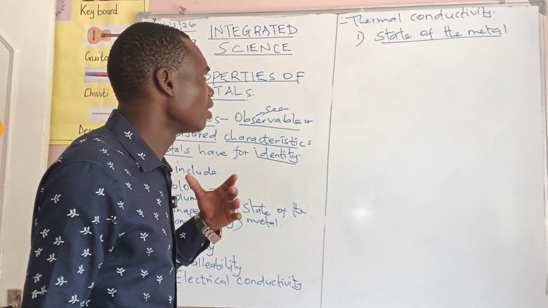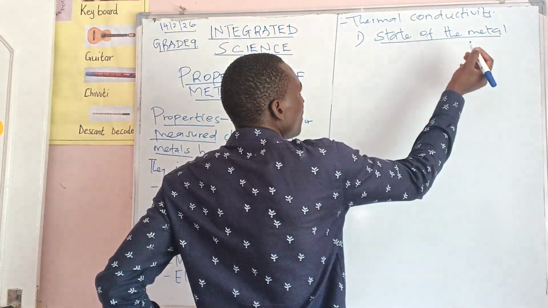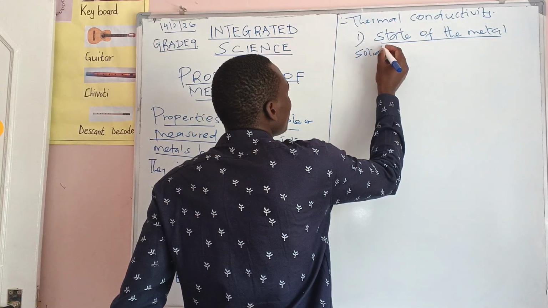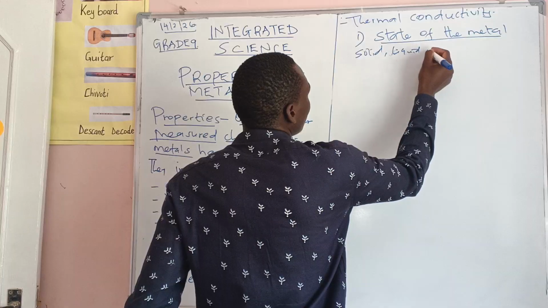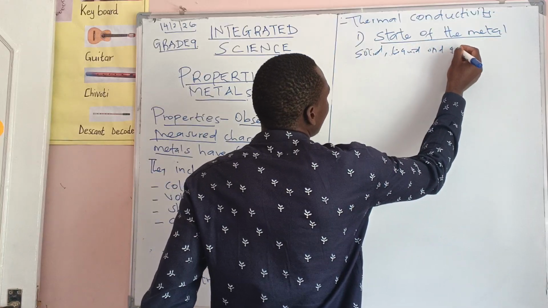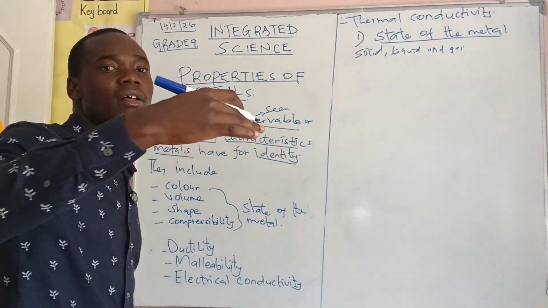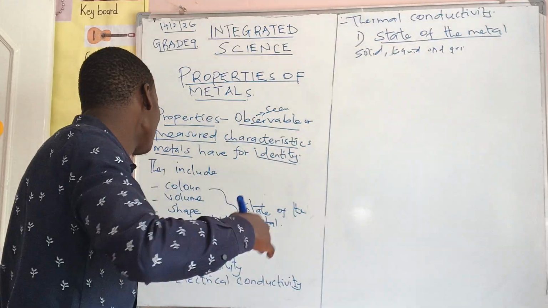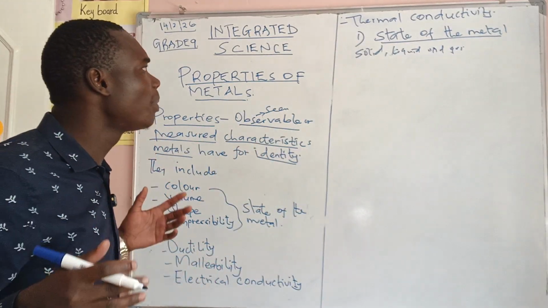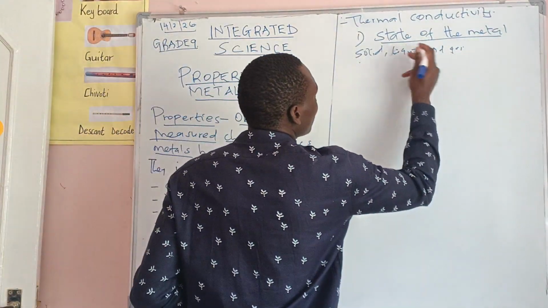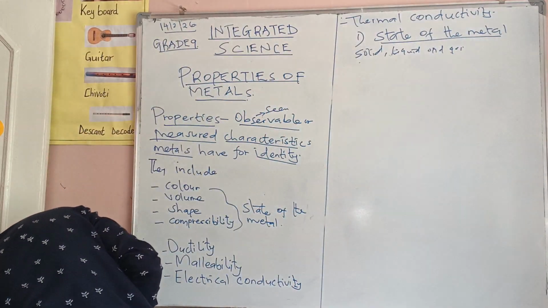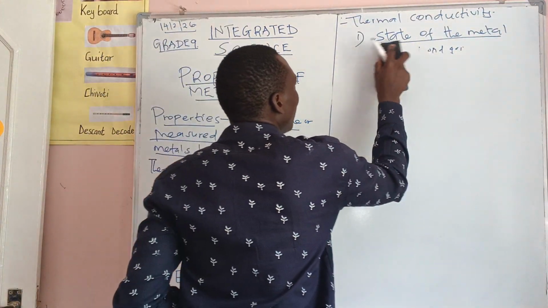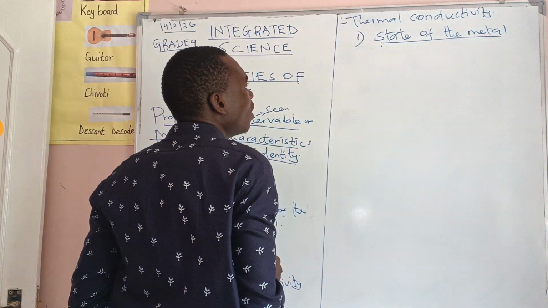Now, the three states of matter, we know them: solid, liquid, and gas. All the shapes, the color, the volume, the compressibility will bring us to the three states of matter, the state of the metal. What is the state of that particular metal? Consider an experiment with a metal.